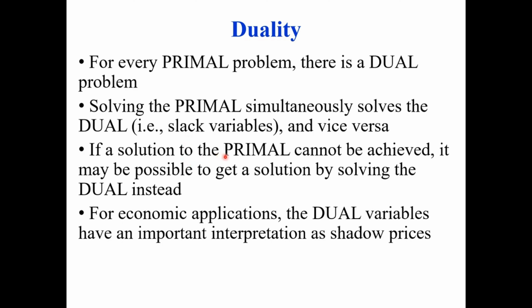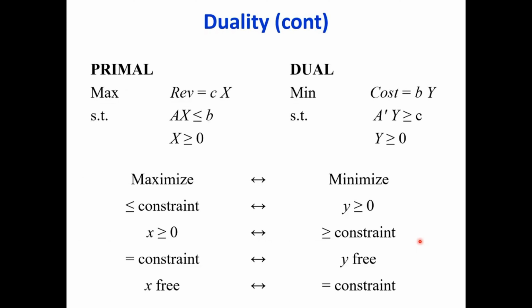If a solution to the primal cannot be achieved, then it may be possible to get a solution by solving the dual instead. For economic applications, the dual variables have an important interpretation as shadow prices. So here again, we come up with these shadow prices to which Dixit devotes an entire chapter.